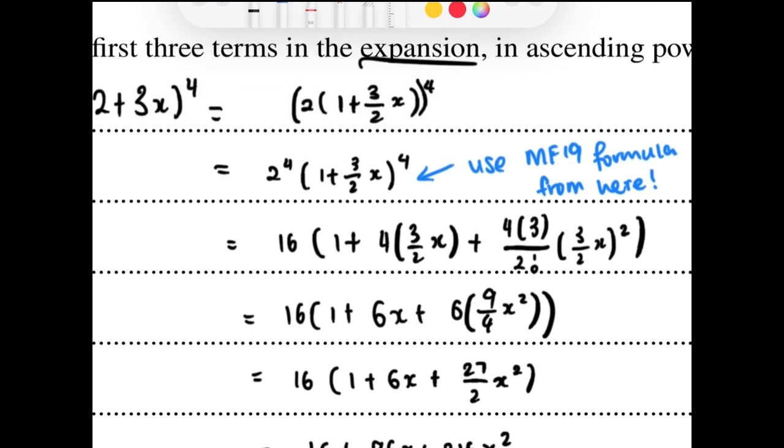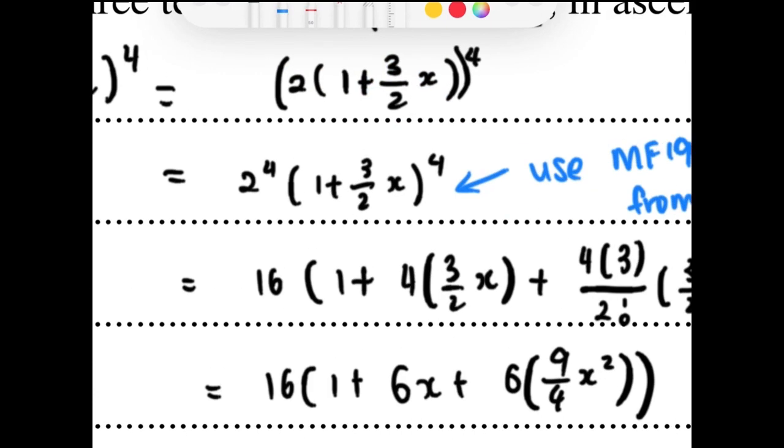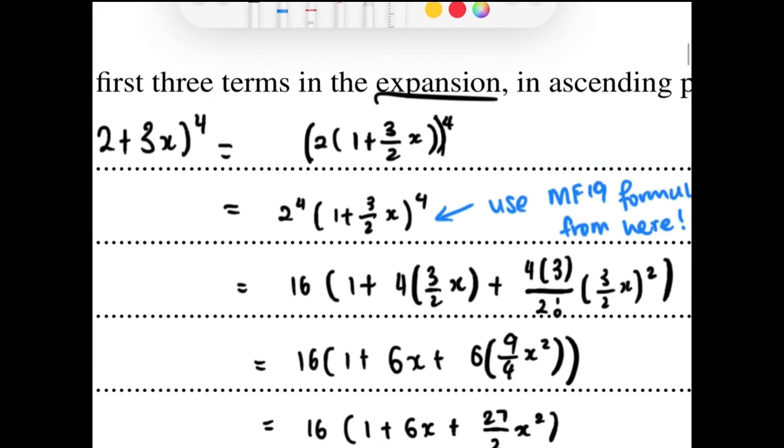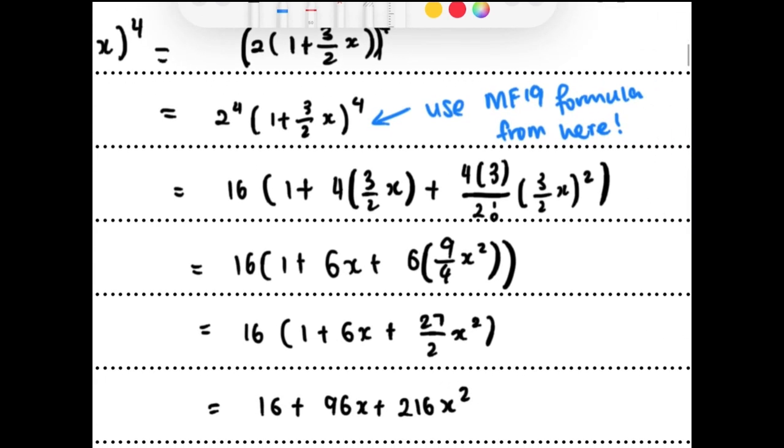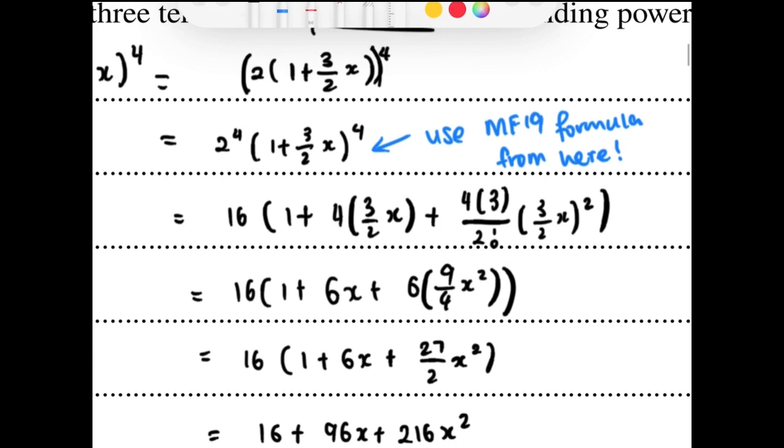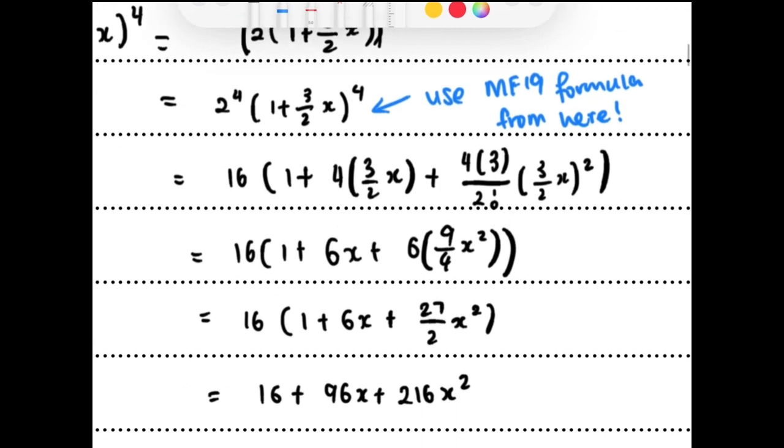So after I factorize the inside, it makes it much easier for me to then move out the 2. And when I move out the 2, I need to remember the power 4 here. That's why I put a bracket and another bracket here and then a 4. So when I move it out, I need to remember to carry the power of 4 with me.